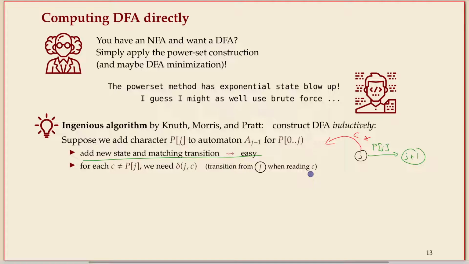That's just the target of these arrows. So how do we find out where to go with this? And you can't just always point back to 0. Then you would overlook cases. You can do examples where that happens. You say the pattern is just b, b, b, b, b. If you were to jump back to 0, you would miss occurrences.